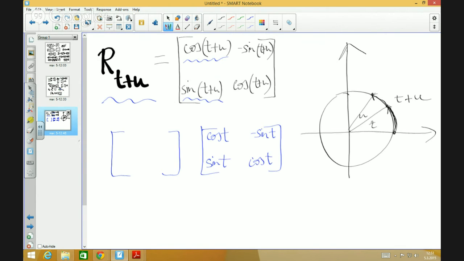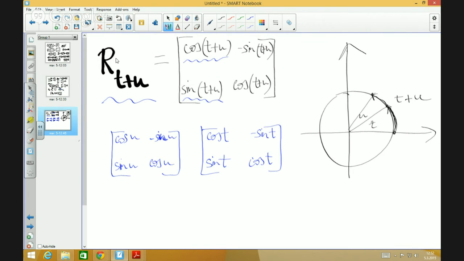That's the rotation by t degrees implemented by means of this matrix. And here I have a matrix that does exactly the same for u degrees. So I have cosine of u, sine of u, minus sine of u, cosine of u.